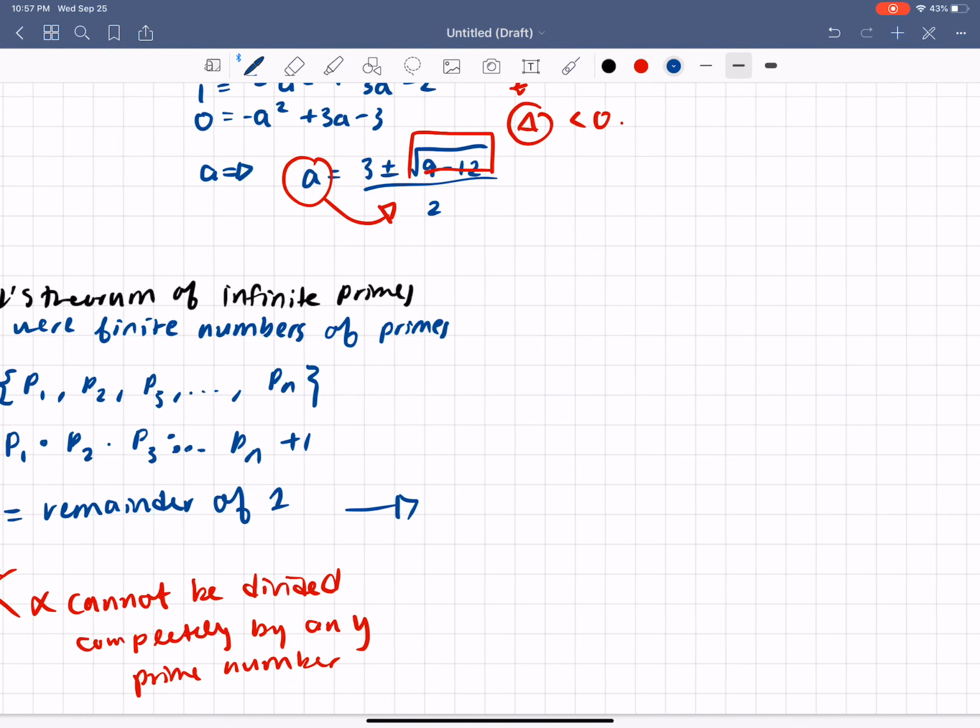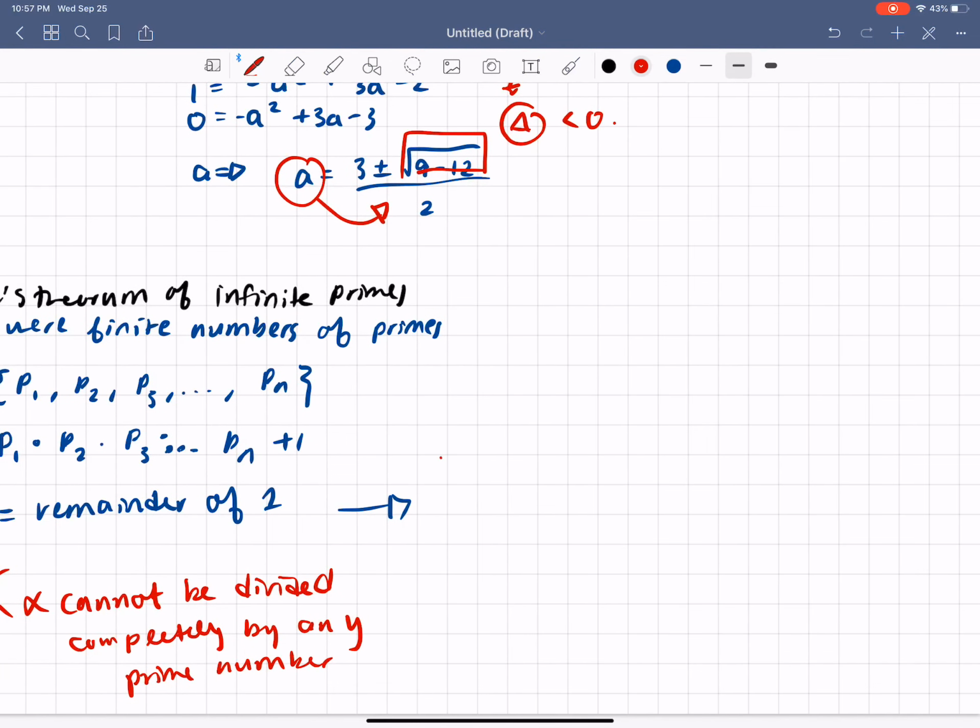But this is actually a contradiction, because the fundamental theorem suggests that any number can be broken up into a product of 2 or more prime numbers. You've actually explored this before, because maybe you've done something like a factor tree, which breaks down a number into all its simplest factors.